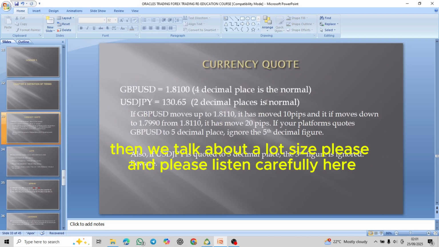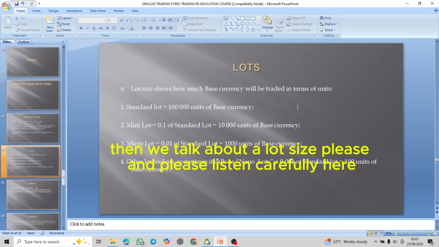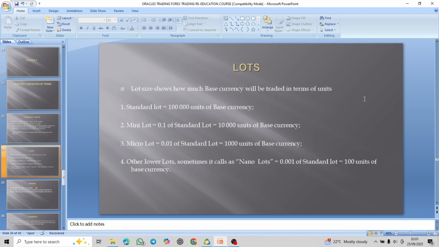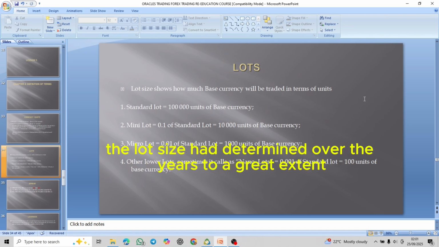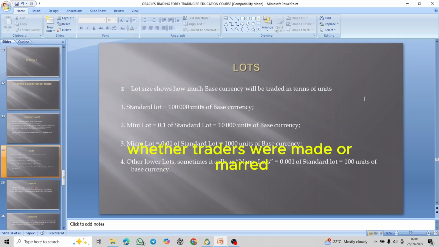Then we talk about lot size. Please listen carefully here. The lot size has determined, over the years, to a great extent, whether traders were made or mad.